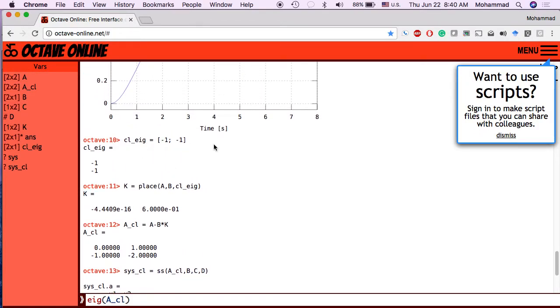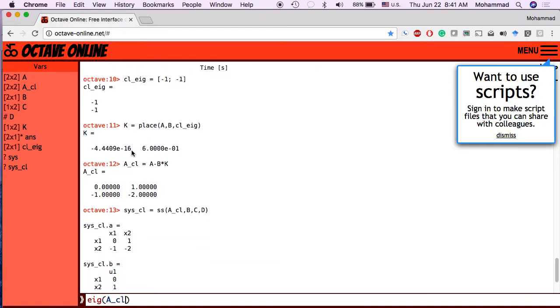Where did we want them to be? We said we want the closed loop eigenvalues to be located at -1, -1. So I'm checking to see with these controller gains that MATLAB has calculated for me if A closed loop has these eigenvalues.